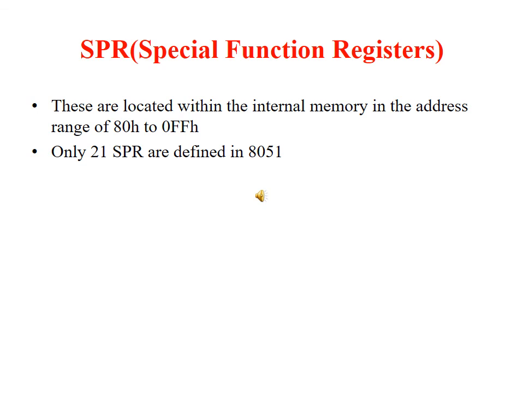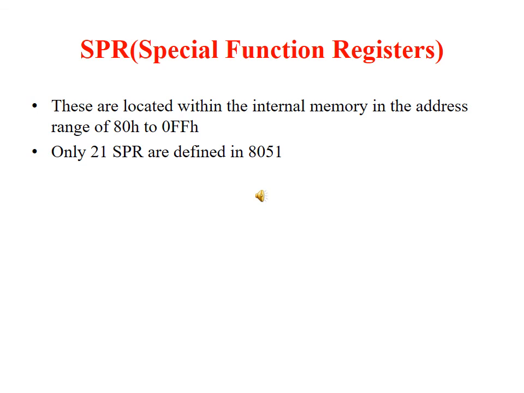This special function register contains the input-output ports, control registers for the interrupts, timers, and serial port. So totally you have 21 special function registers defined in the case of the 8051 microcontroller.